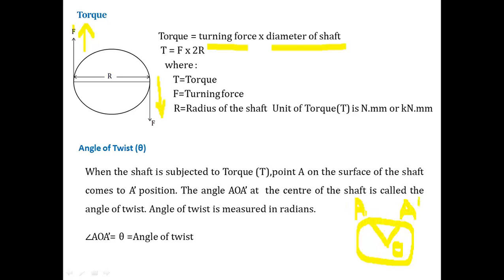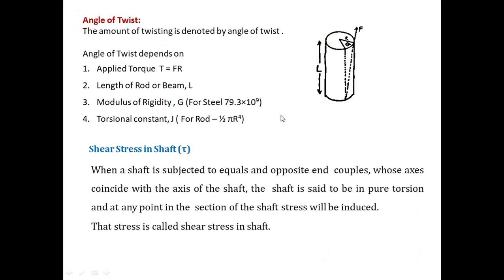The angle between A and A dash is theta. This is the angle of twist. The amount of twisting made on the shaft is known as the angle of twist. It is measured in radians.